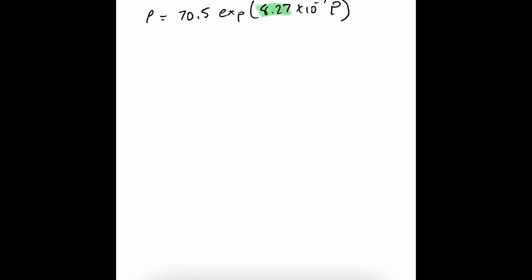So this term inside right here has to be unitless, which means that we'll call this A. This is A, and then this is P. So A times P has to be no units.